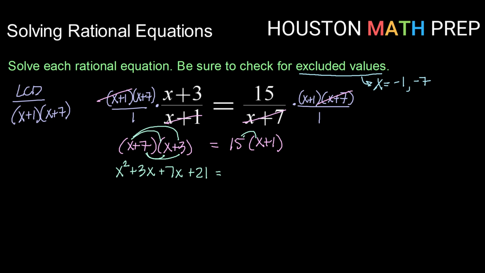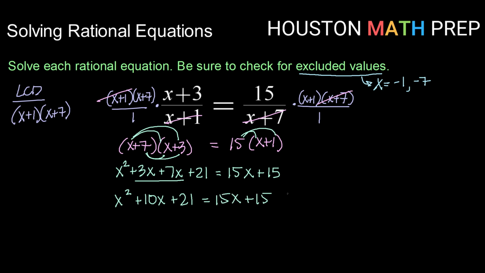On the right-hand side, I'm going to distribute my 15. 15x plus 15. On the left, I'm going to go ahead and combine my like terms. So that gives me x squared plus 10x plus 21 equals 15x plus 15.